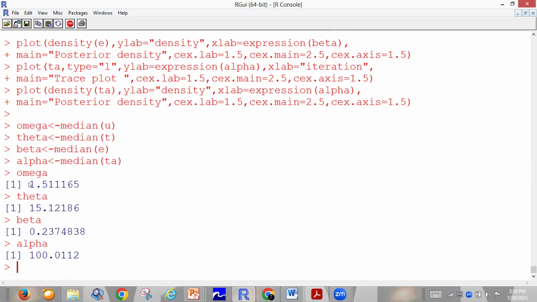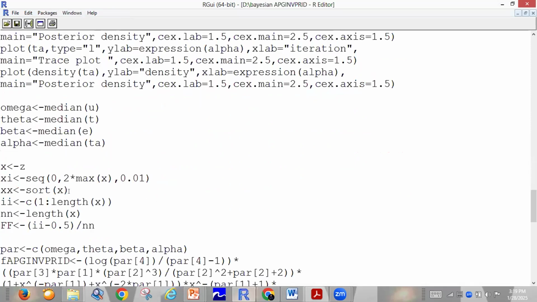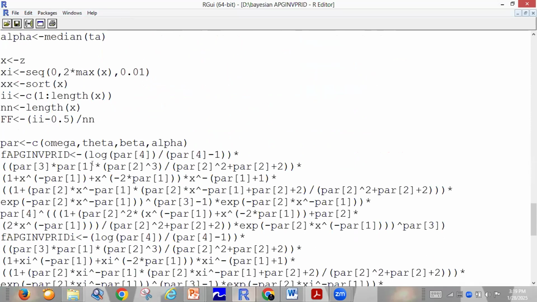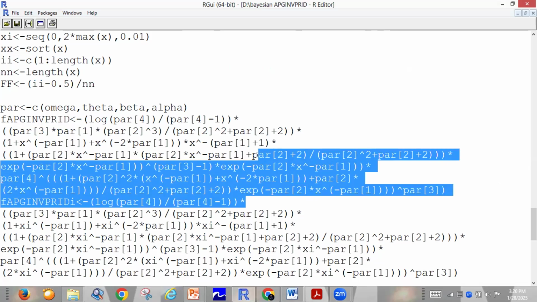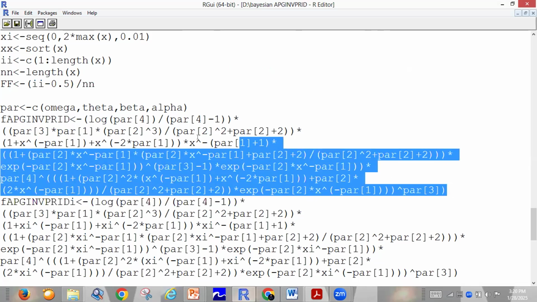We will use these parameters to check the density plot and then the cumulative plot. XE is what we use for the density plot, and XX for the cumulative plot. This one is the theoretical cumulative. This one is the density of the alpha power generalized inverse power Rado Institute distribution, the blue one here.